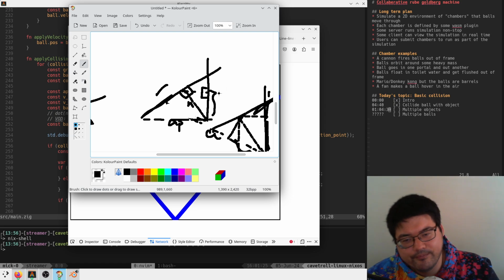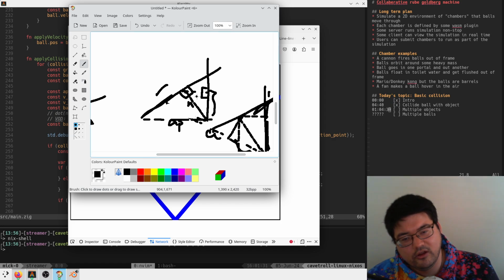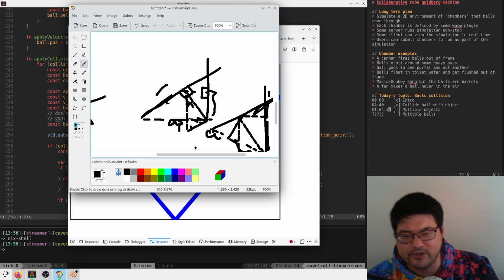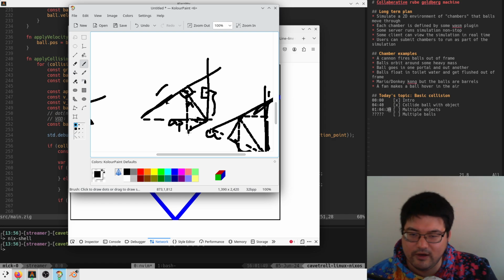What am I missing? There was something about this dot product stuff that made it feel like it made sense. There's like some vector here. Does that help us at all? No, this is just the same triangle.